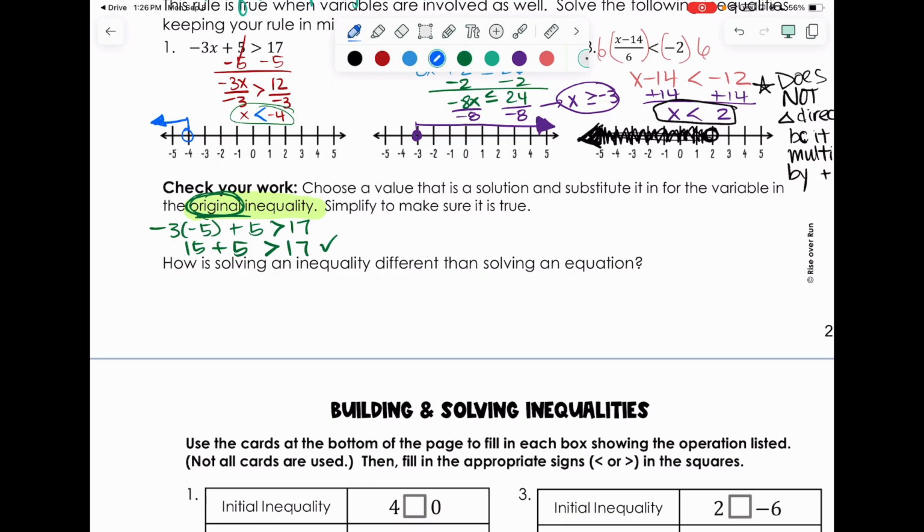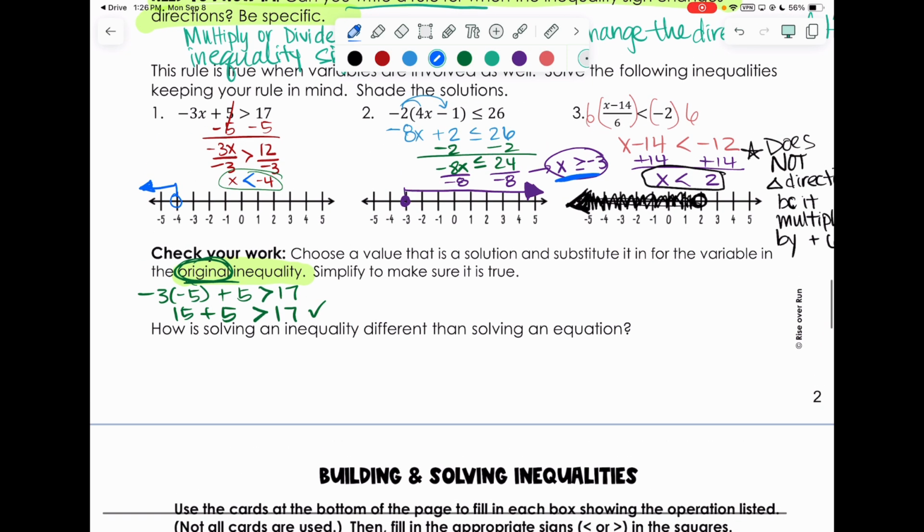Next one. What's a number that is greater than negative 3? How about 0? I like 0. Don't you like 0? Anything you multiply with 0, what do you get? That's why I like 0, don't you? If I can use a 0, I would use the 0 all day. 4 times 0 is 0.